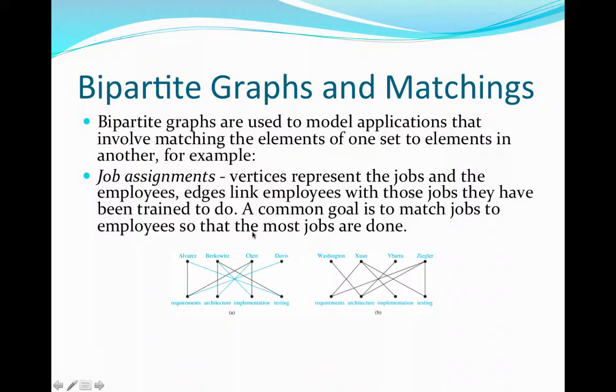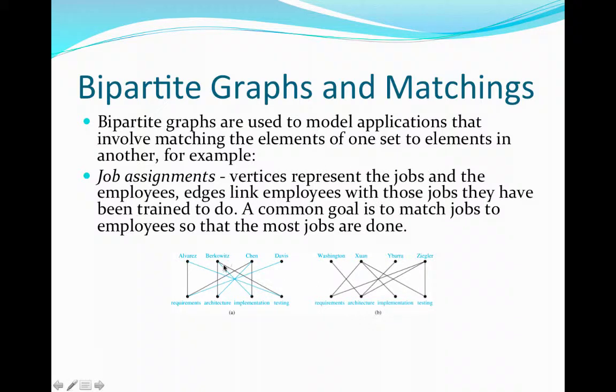And so we wouldn't want to match corresponding employees together. We would simply want to match themselves with each of the jobs they are trained to do. And similarly, we wouldn't want to connect any of the jobs together. We simply want to connect 2 vertices if one individual is trained to do that job.